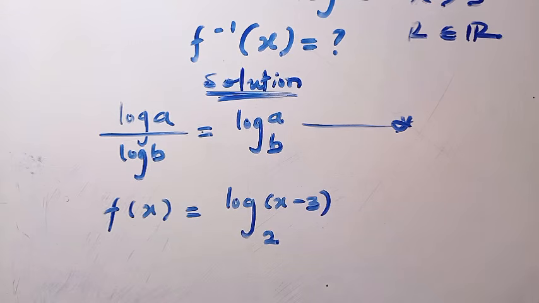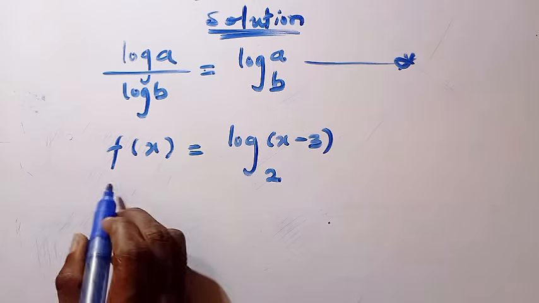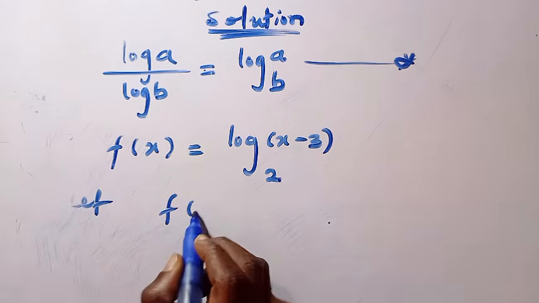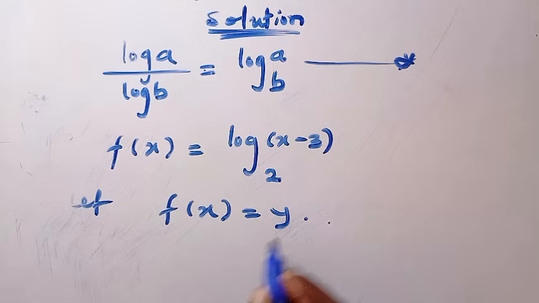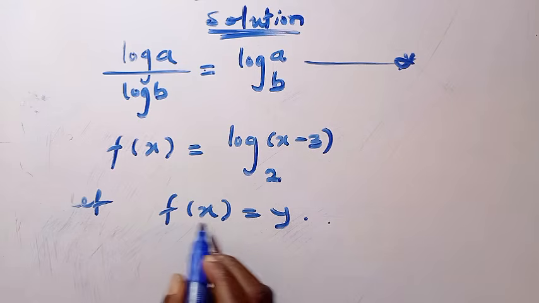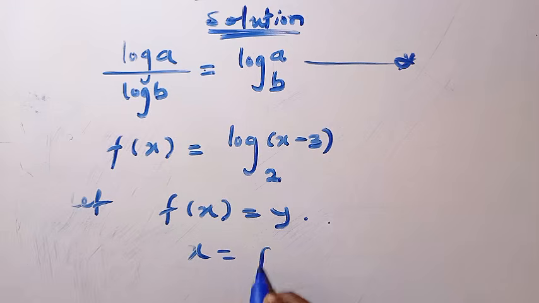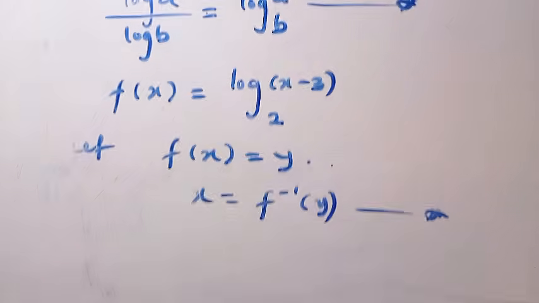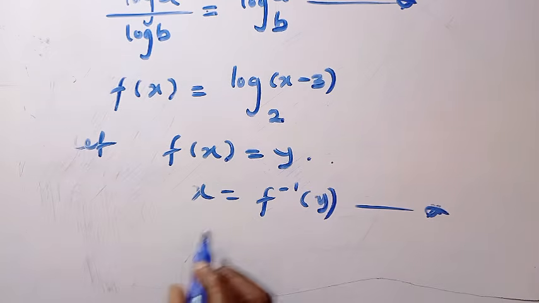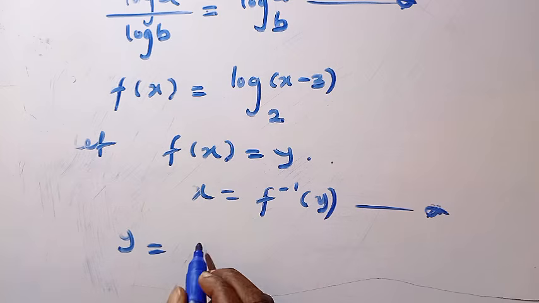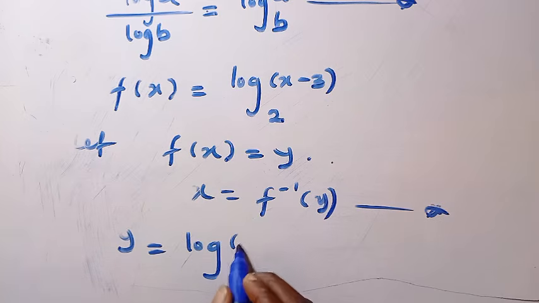So this is the first step. Then, if I let f of x equal y, and take the inverse of both sides, introducing another inverse function, we have x equals f inverse of y. And from f of x, we have y equals log of (x minus 3) base 2.